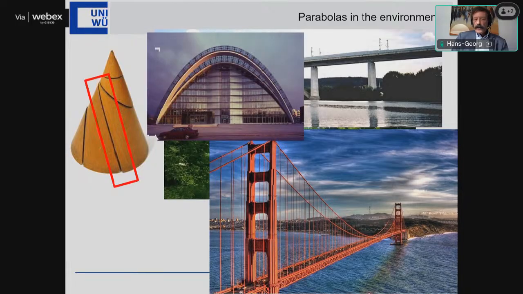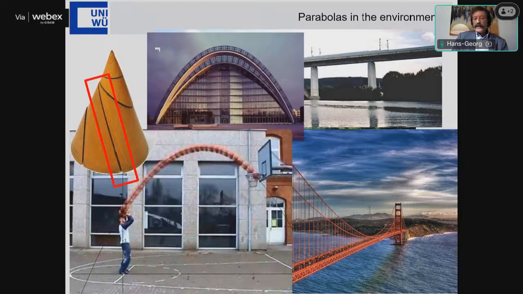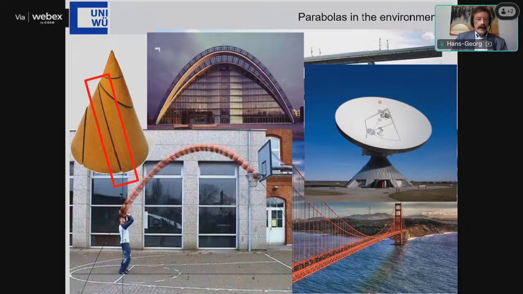You have buildings like this building in Hamburg, or you have the throw of a basketball. It's nearly a parabola, because if there were no air resistance, it would be a parabola. And you have this, is it some kind of a satellite antenna?